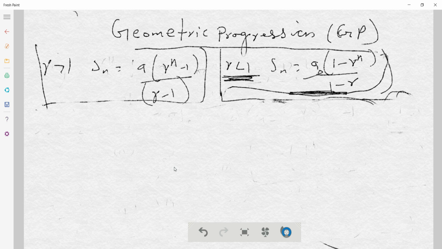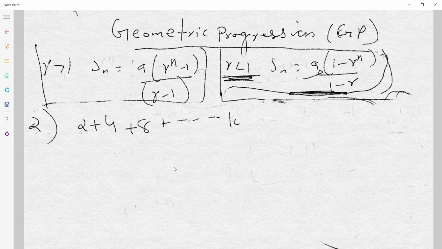Let's find the sum of this GP: 2 plus 4 plus 8 plus and so on up to 1024. We need to find the sum of 10 terms.